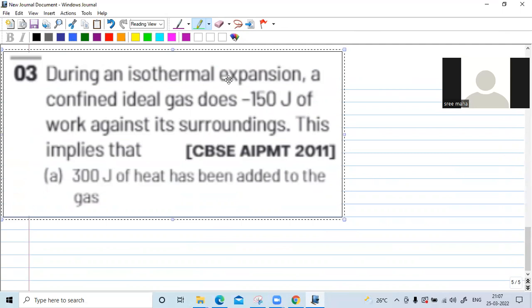So what does this mean? In isothermal expansion, the gas does -1 joules of work against its surroundings.